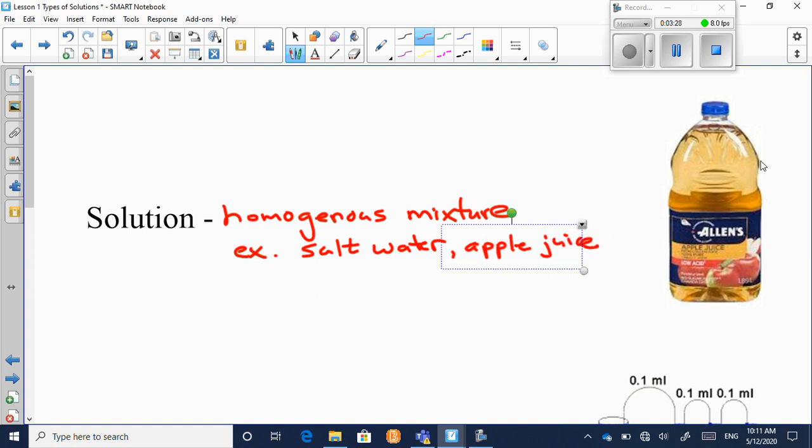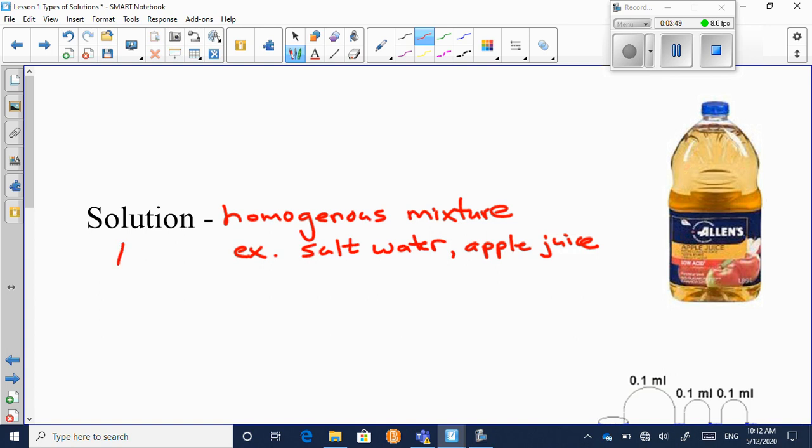Apple juice looks like one thing. It looks like this brownish liquid. But we know that there are things present. We know that there's flavorants and sugar and other things in there. So we know that there are different particles in there, and obviously water, lots of water molecules.